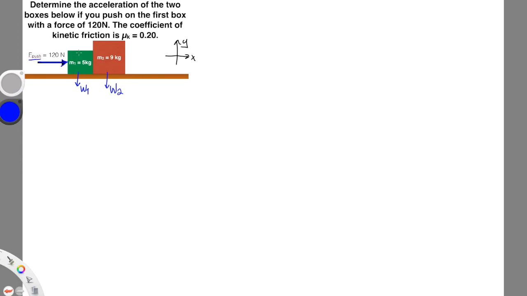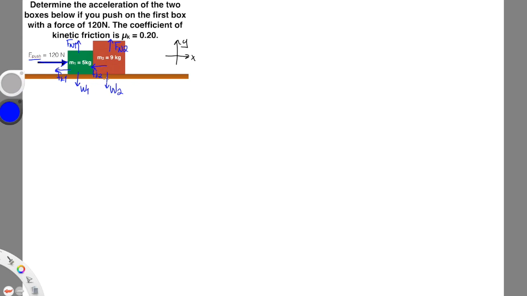Both boxes also have a normal force because they are in contact with the ground. I will call these Fn1 and Fn2 for the normal force on box 1 and the normal force on box 2. We also have friction acting on each box. Kinetic friction, Fk1 and Fk2.